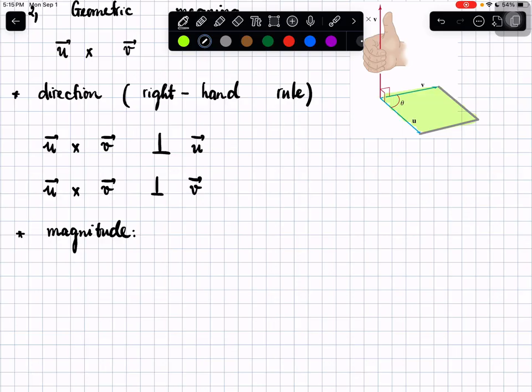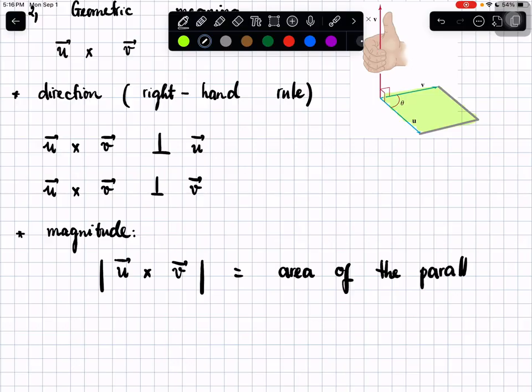The length of u cross v equals the area of the parallelogram. Let me call it P.